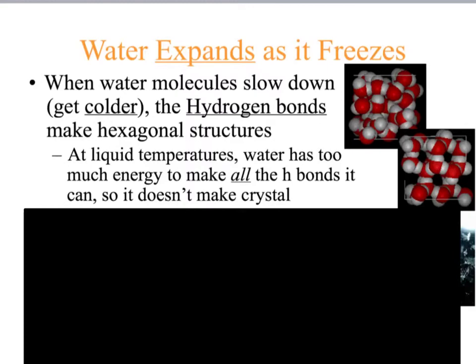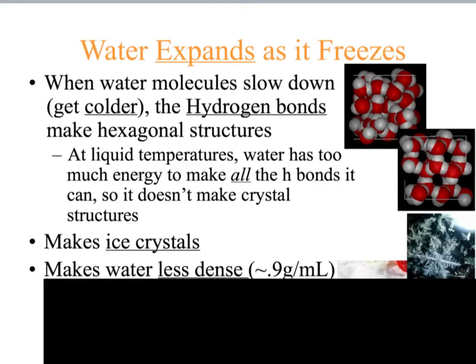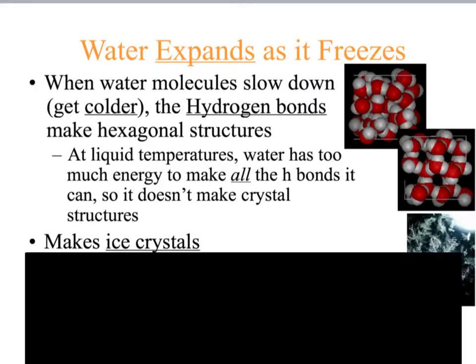So at liquid temperatures, it's moving too fast, and the hydrogen bonds have too much energy to make the crystal. But when it's moving cooler, it can make those structures, so it makes the ice crystals.